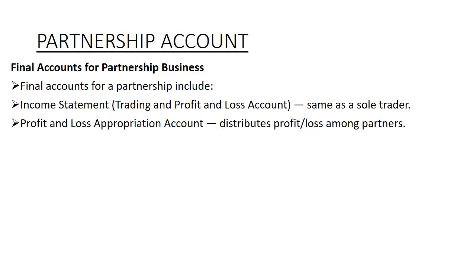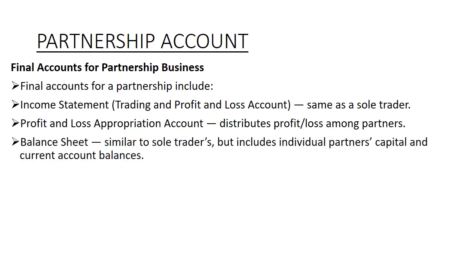Now there's an additional part called the profit and loss appropriation account, which shows the distribution of profit or loss among partners. Then there is a balance sheet, which is just the same as that of a sole trader, but includes these details. It includes the individual partners' capital and current account balances.